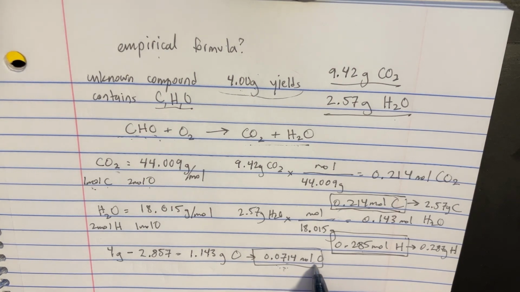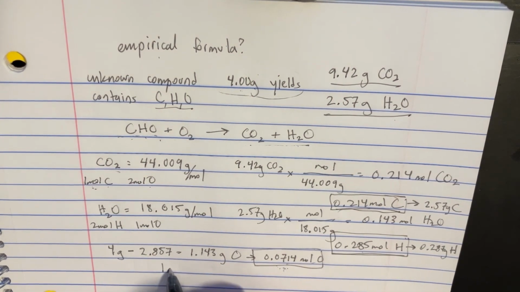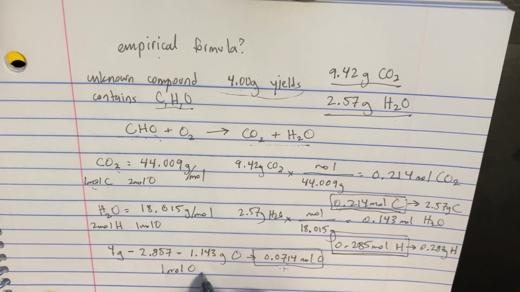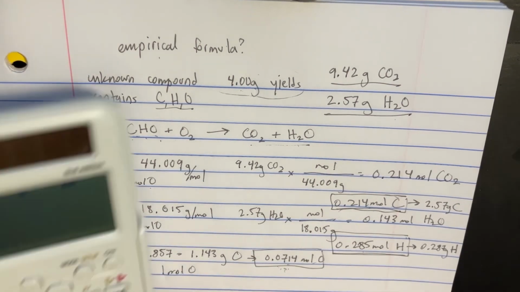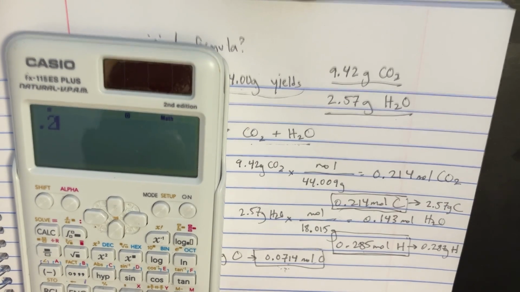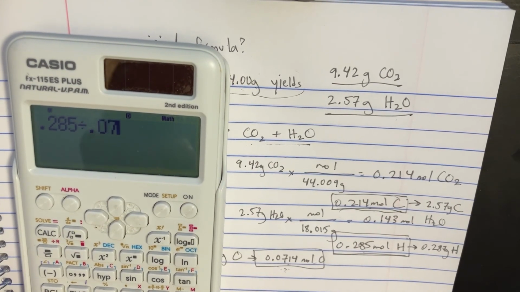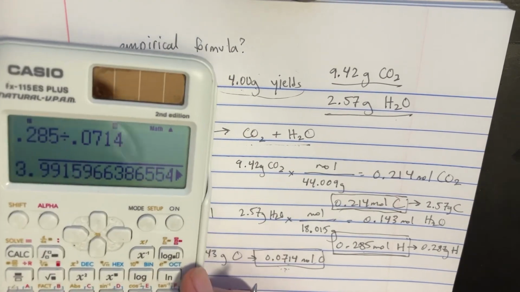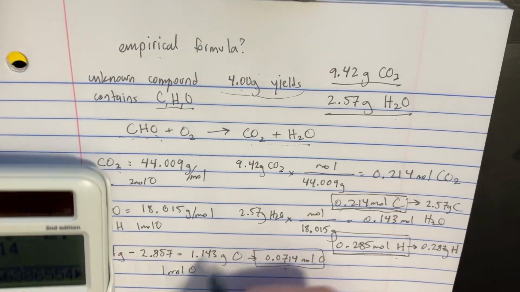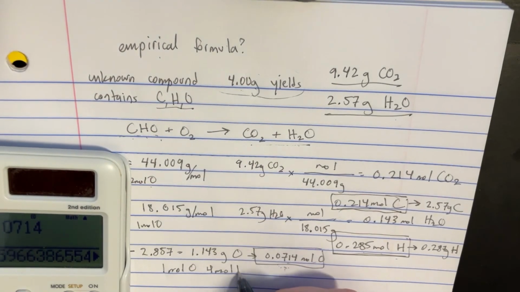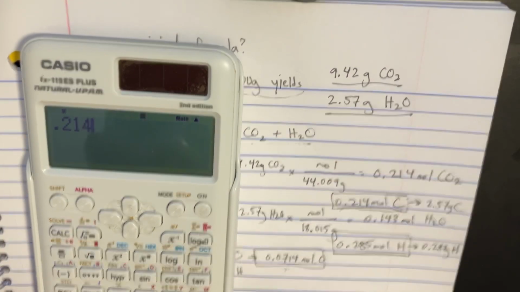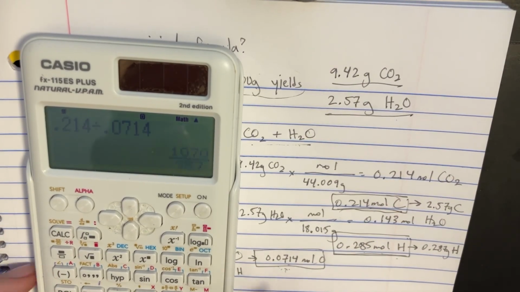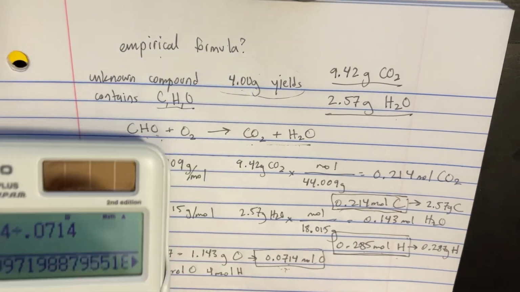We divide this by that, we're going to get 1 mole of O. So for every 1 mole of O, let's divide the H: 0.285 divided by 0.0714 gives us 3.99, that's 4 moles of H. And then we're also going to divide the C: 0.214 divided by 0.0714 gives us 3 moles of C.